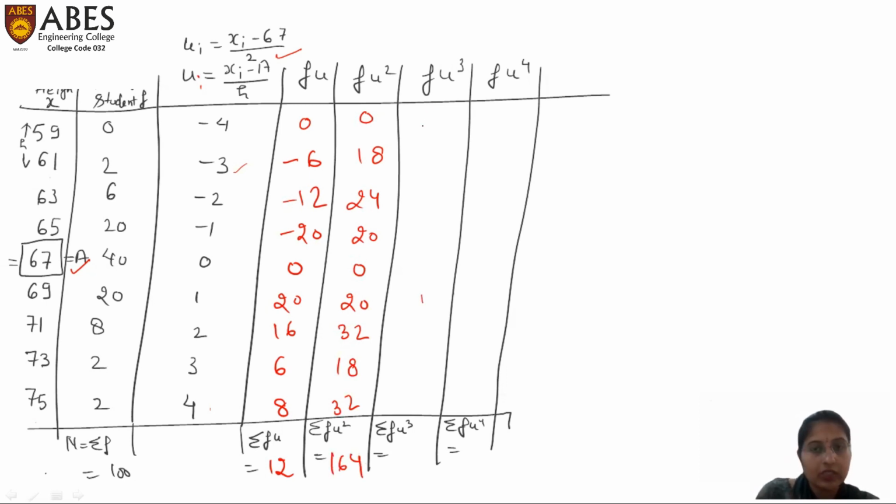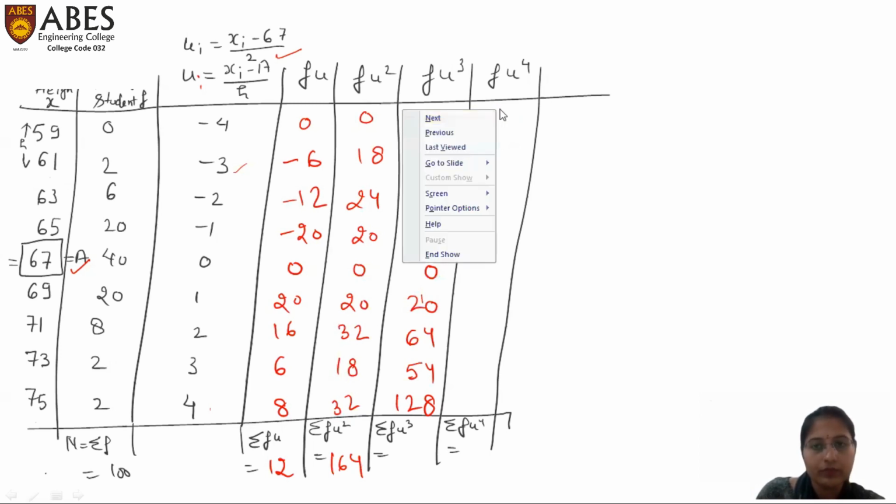Similarly, fu cube is 0, minus 54, minus 48, minus 20, 0, 20, 64, 54 and 128, because it is a cube, so the sign will be negative.